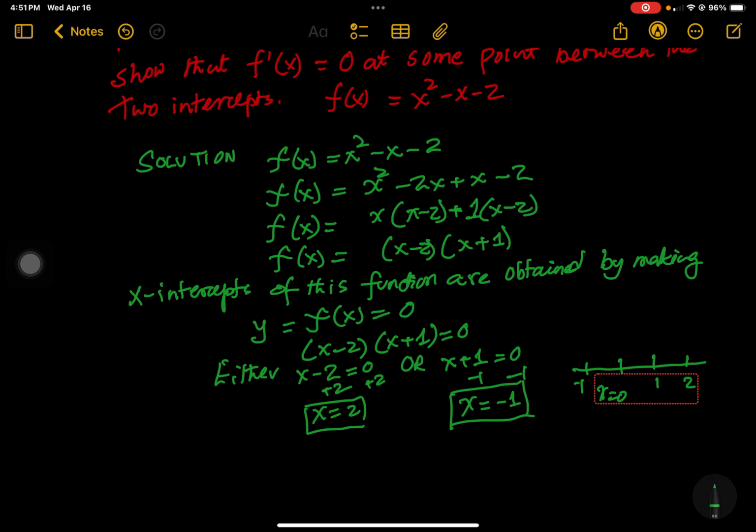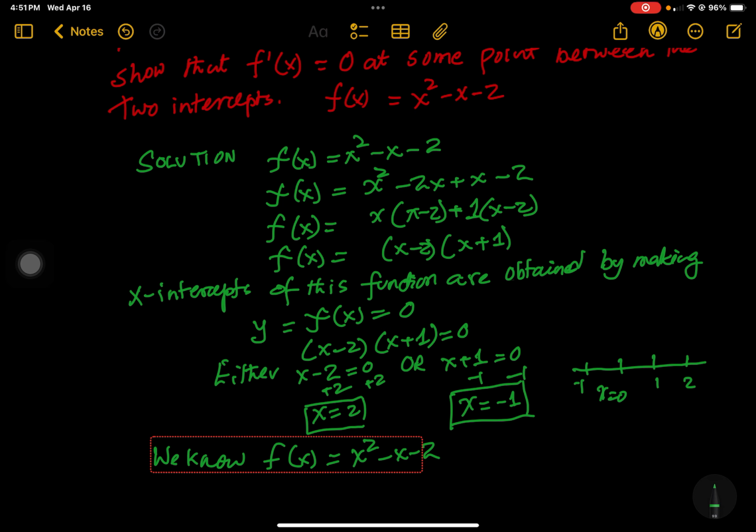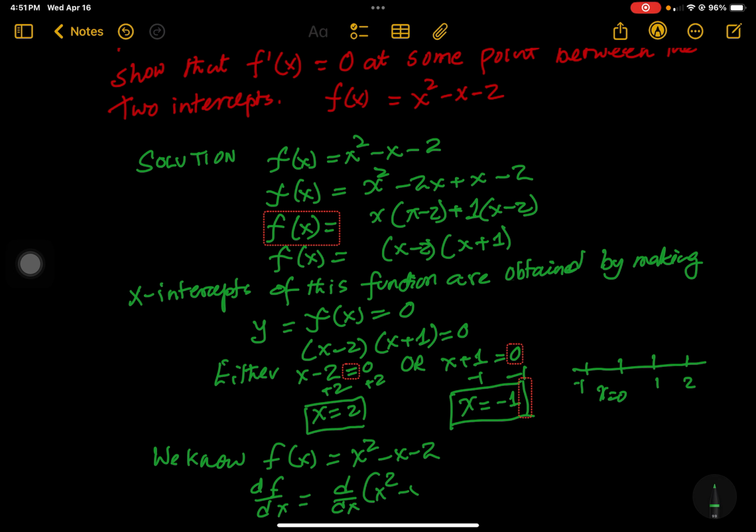So we know f of x is equal to x squared minus x minus 2. Let's take the derivative of both sides with respect to x, or d f divided by d x is equal to the derivative of the expression with respect to x.